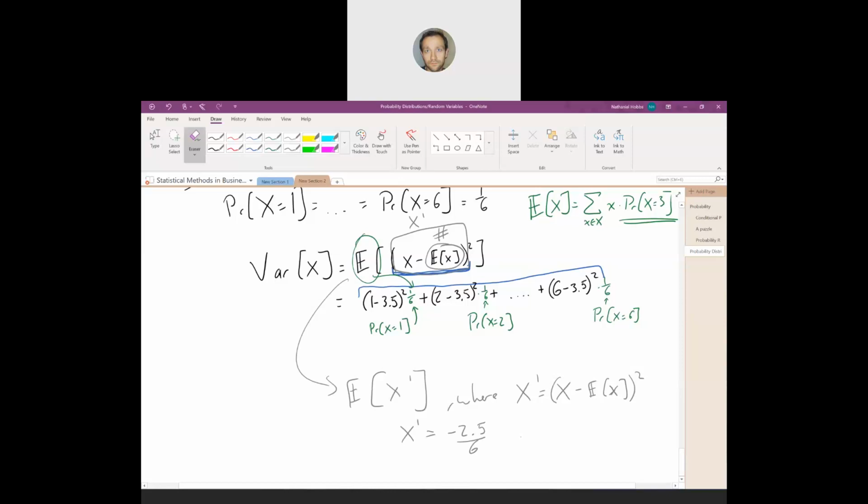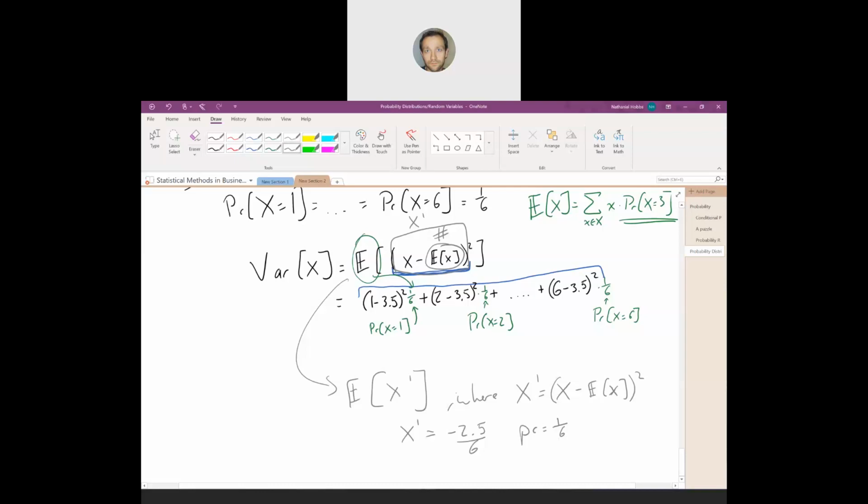And the probability of that is 1/6. So in any case, inside of here, this is still just a random variable, and so you can ask about this random variable's expectation.